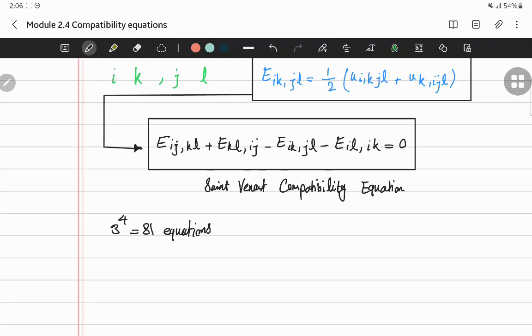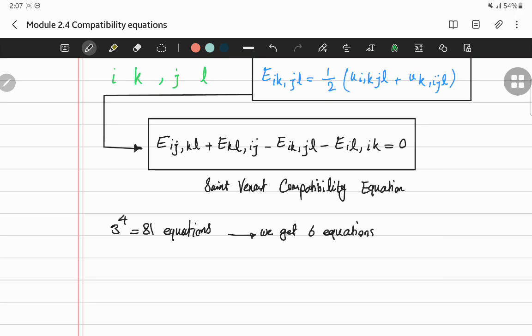But if you write these equations, due to repetition, and some of them already are fulfilled, so they become 0, for example. And if you do some manipulations like swapping between K and L, you finally get 6 equations.